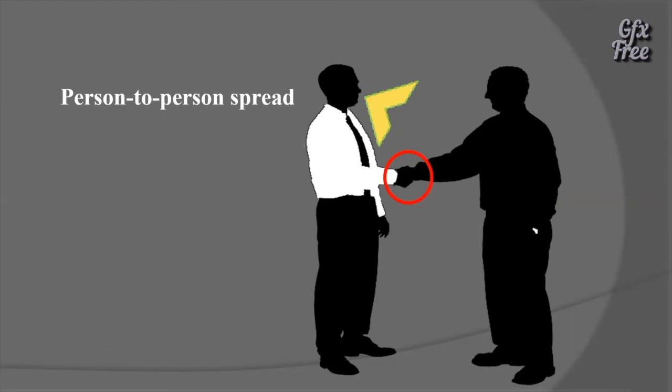These droplets can land in the mouth or noses of people who are nearby or possibly be inhaled into the lungs. According to the Centers for Disease Control and Prevention, a person with COVID-19 is most contagious when they are showing symptoms.